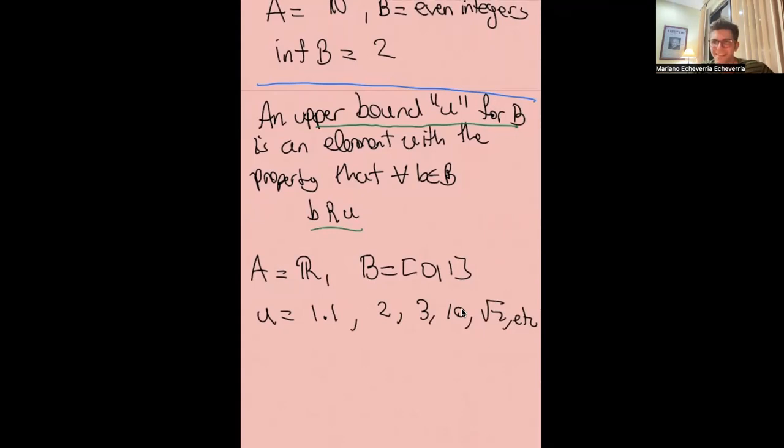And there's an analog of the infimum. The analog of the infimum would be now the smallest of the upper bounds, and that's called the supremum.